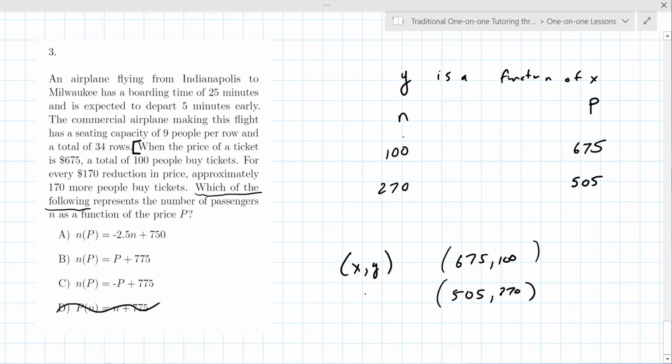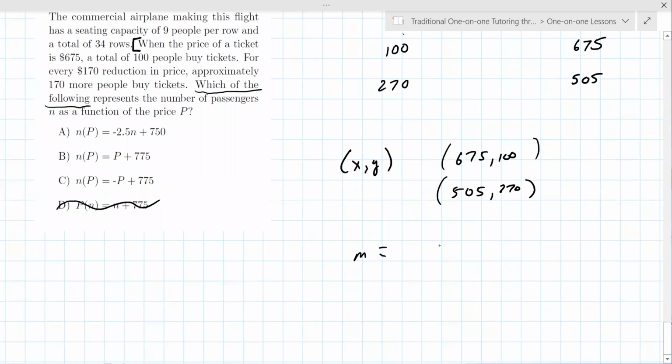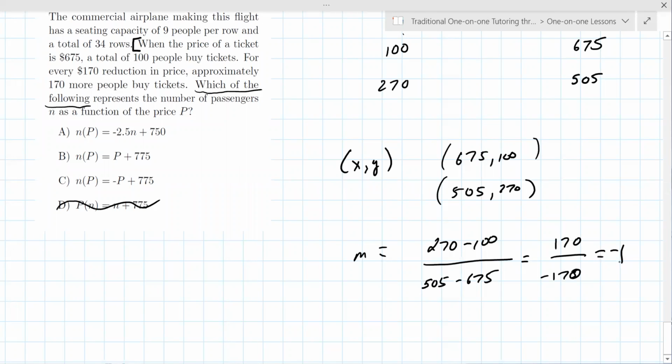Then you could use that to determine the slope. Your slope is 270 minus 100 over 5.05 minus 6.75, which is 170 over negative 1.70, which is -100. That gives you your slope, and the only one of those answers that has that slope is this one. So you can say, all right, I got it.